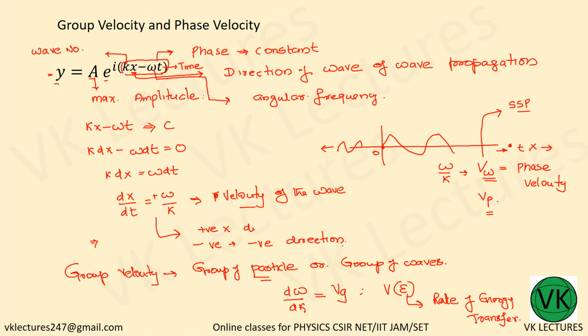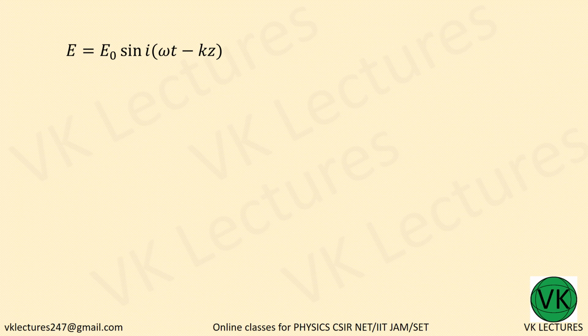Now we can add some more to the abstract knowledge that we had in the case of group and phase velocity. Here is another wave that we have. E is equal to E naught sin(omega t minus kz). Just to understand how far we have learned, we can write that it's moving in the positive z direction.